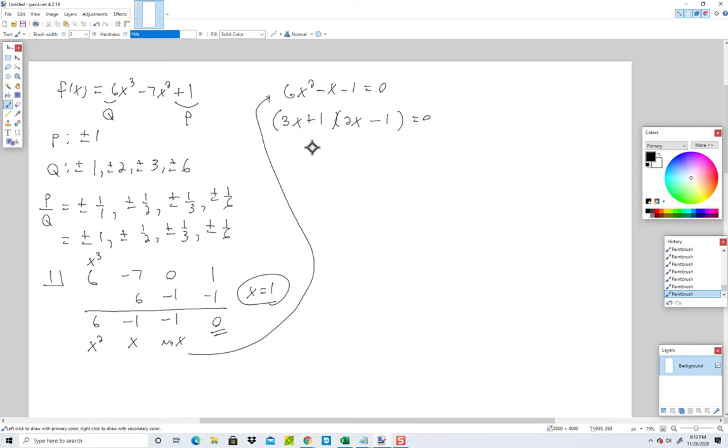Okay, I factor that way. By the zero factor property, you set each factor equal to 0. So 3x plus 1 equals 0 and 2x minus 1 equals 0. Here I take the 1 over, it becomes a -1, divide both sides by 3, and we get -1/3. On this one, take the -1 over, it becomes a +1, divide both sides by 2, and we get x equals 1/2. Okay.